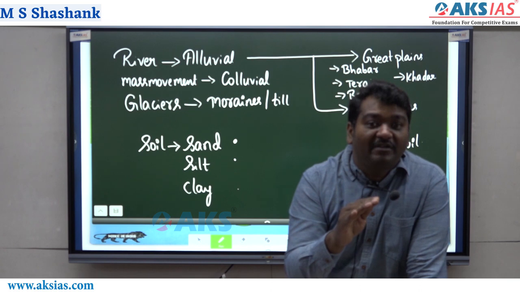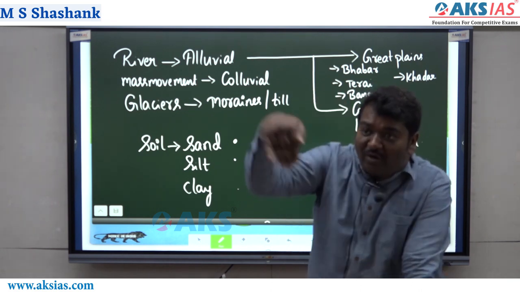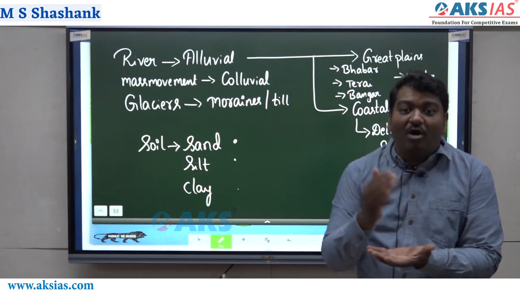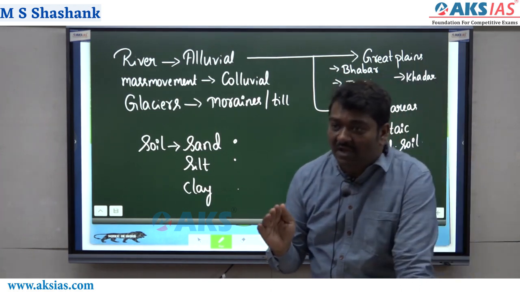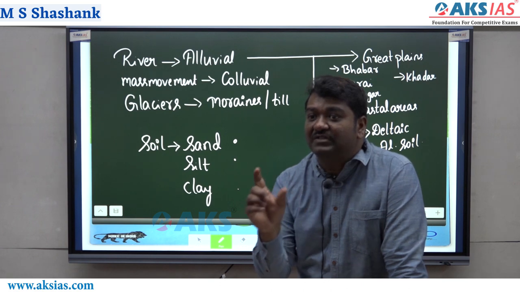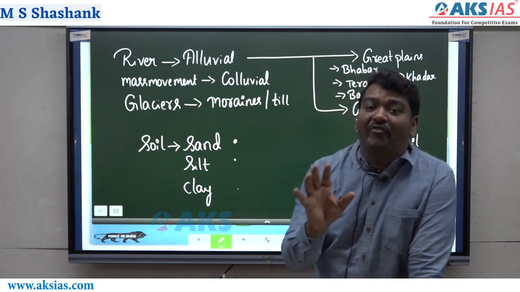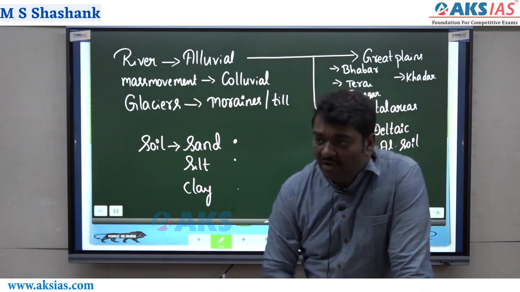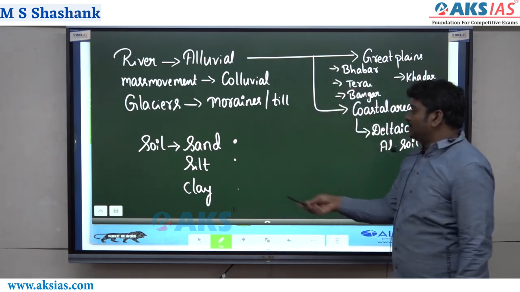The most important thing is that water won't percolate down. It will become stiff and water wastage reduces. So deltaic alluvial soil is extremely good for rice cultivation. Fine. So this is one.